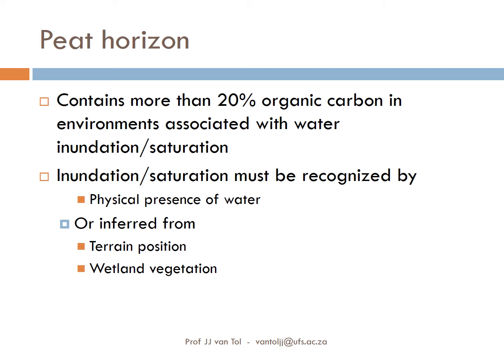So let's just look at the first one on page 39. It says that a peat horizon contains more than 20% organic carbon in an environment associated with water inundation or at least water saturation for extended periods. So you can change that and say, does this horizon contain more than 20% organic carbon?